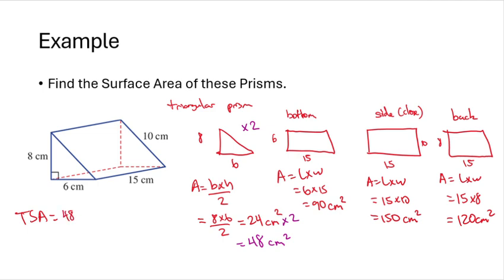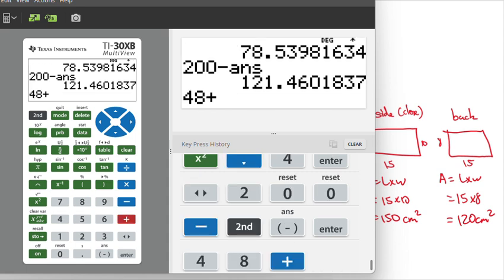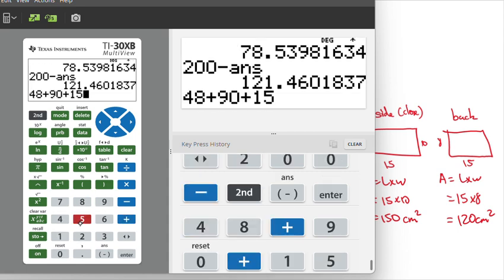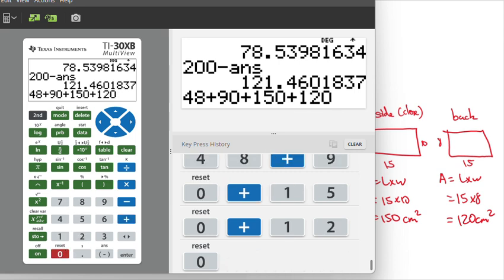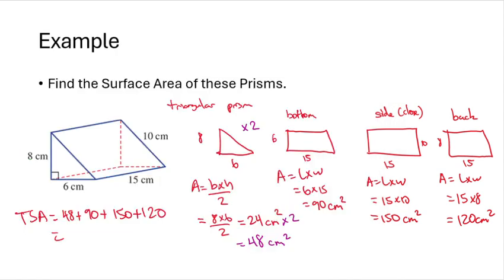So you got 48 plus 90 plus 150 plus 120. And if you type this all into a calculator, you end up with 408. So my total surface area is 408 centimeters squared.